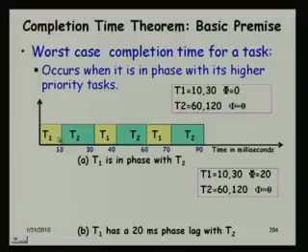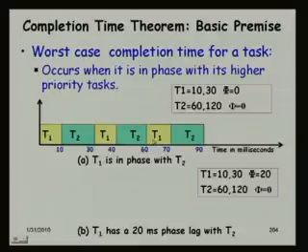See here, T1 is the higher priority, runs for 10, and then T2 continues to run until T1 arises again. And T1 arises at what time? That is 30, right. At 30 T1 arises and T2 will be preempted, and T1 continues for 10 milliseconds, that is until 40, and again as soon as the CPU becomes available, T2 runs.